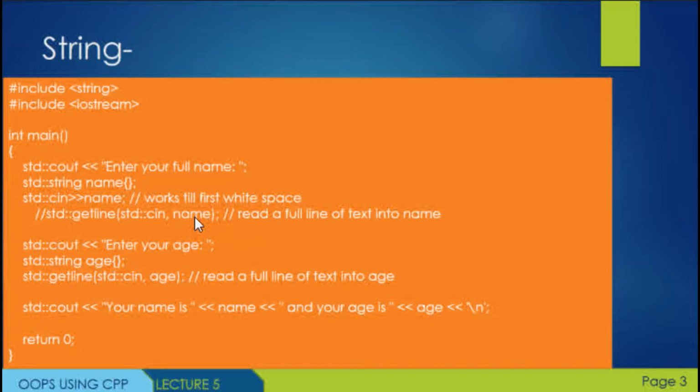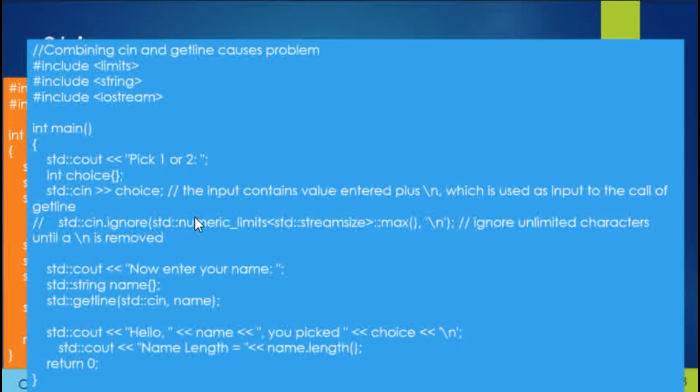Let us see another example. See, if you are mixing cin and getline, it causes a little bit of a problem. Let us see a program. I have added something over here called limits. We will see what is the use of it.